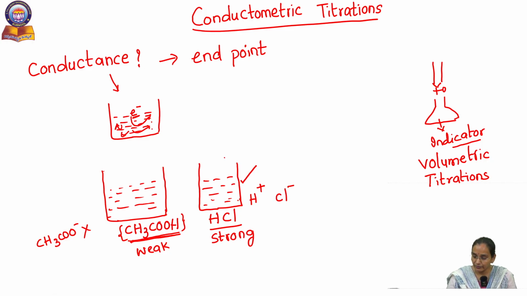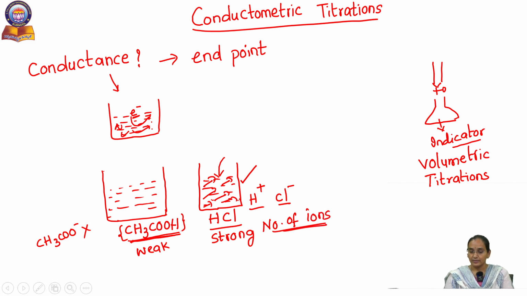Now if we add electrons to the solution, those H plus or Cl minus ions accept the electrons and allow them to flow through the solution. So the first factor that conductance depends on is the number of ions.